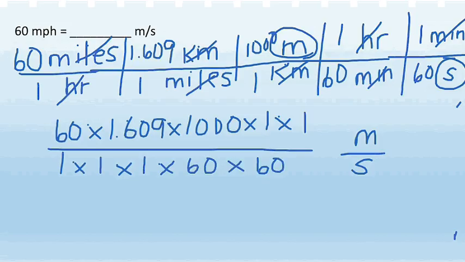Don't forget those numbers that are down there. You have to make sure that you remember them. Just don't multiply everything across the top. Multiply the stuff across the bottom too. Once I do that, that turns out to be 26.8 meters per second.